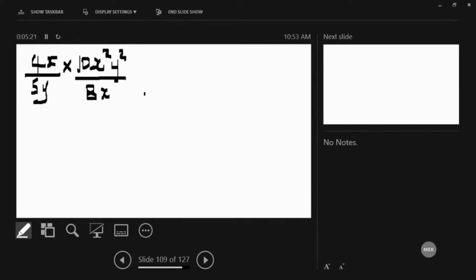All right, so this is the fraction that we're given.